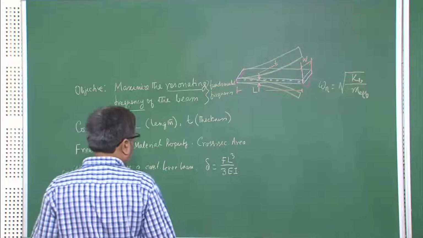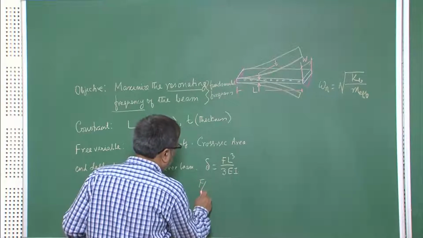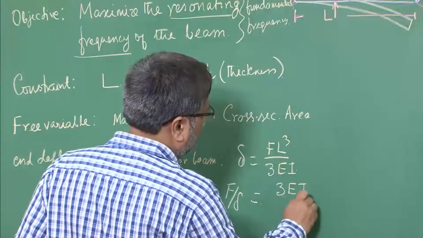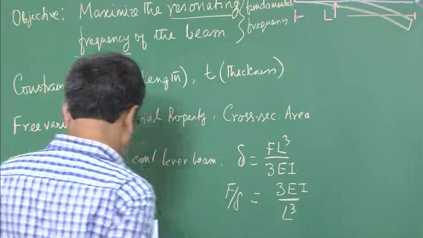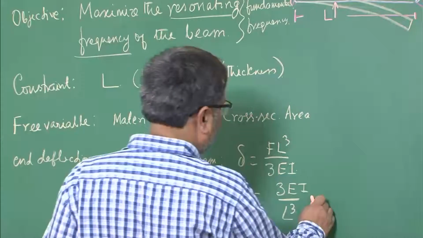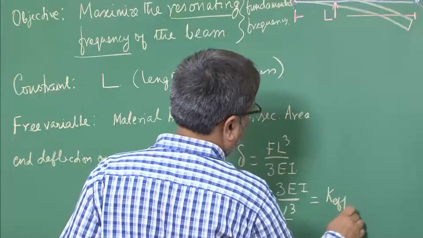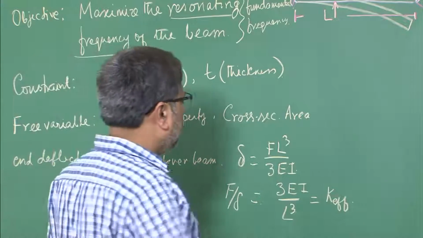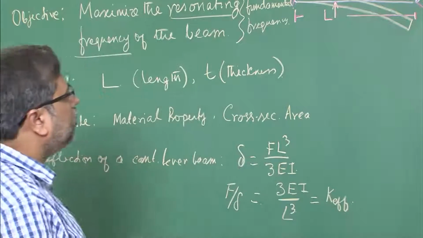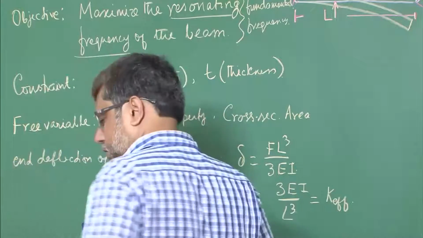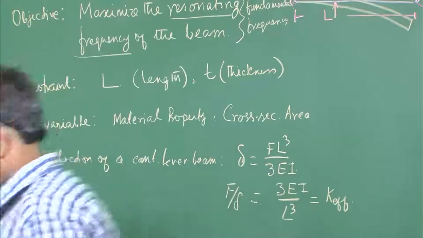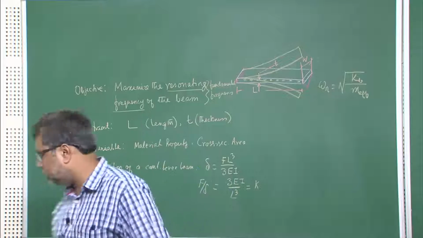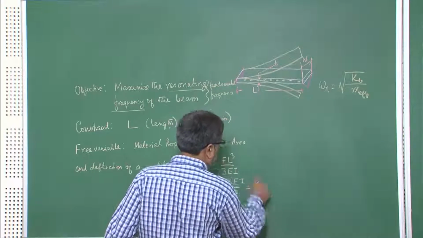In other words, I can write that F over delta is actually 3EI over L cube. In fact, that is the K effective for us. It is very close to the static deflection of the system corresponding to that stiffness. We can consider it to be a good KB for us. So, we can consider this to be an effective stiffness of the system. Let us call it the bending stiffness of the system, KB.